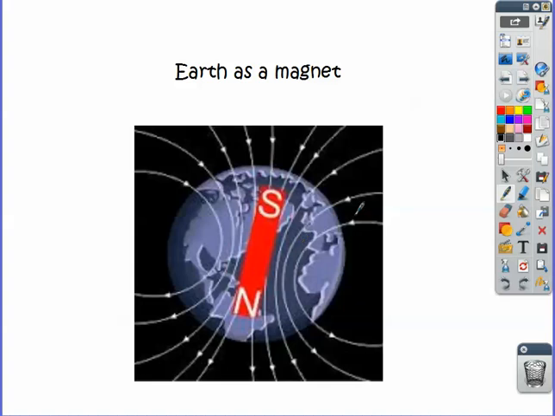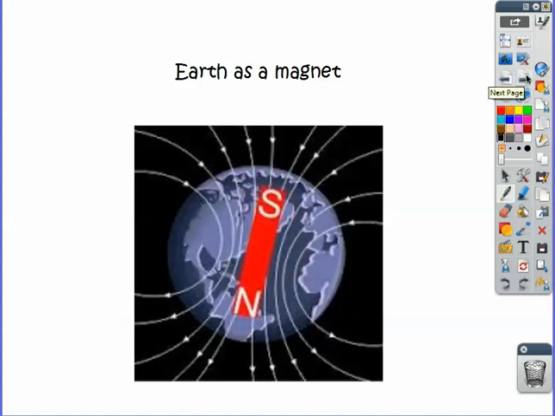Who knows? But Earth itself is basically a great big magnet, and this is because in the center of Earth there's what's called the inner core, a solid mass of essentially iron with maybe some nickel. And then around that is liquid iron that's constantly flowing in a circular motion, and that's what causes this magnetic field.